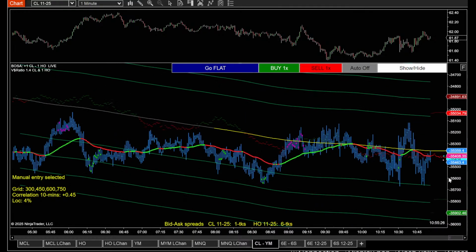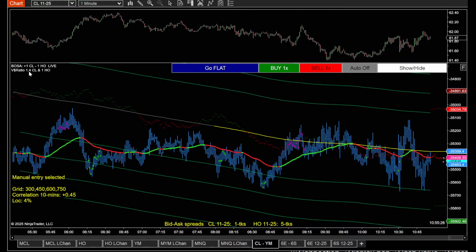Okay, so here are some signals on heating oil, crude oil. Now, heating oil is a little bit more volatile, we're seeing here, against crude. So if you wanted to do an equitable trade, it's not that far off. It's 40% more.